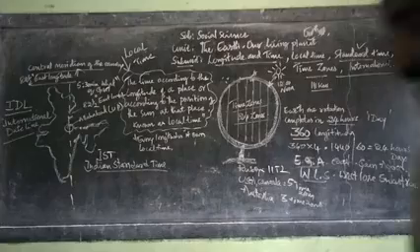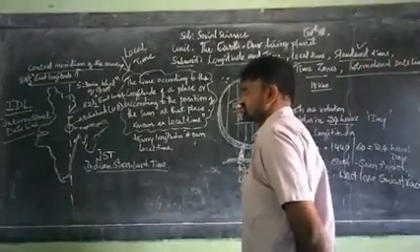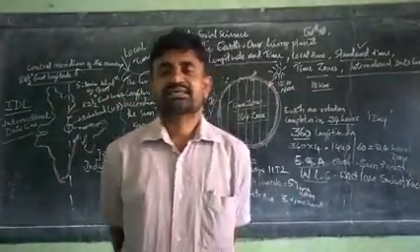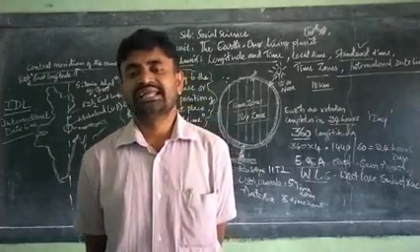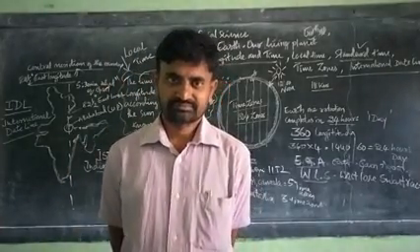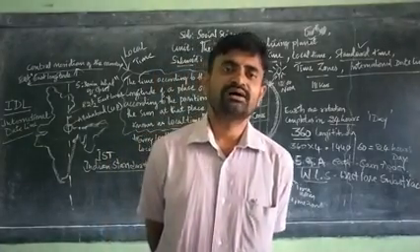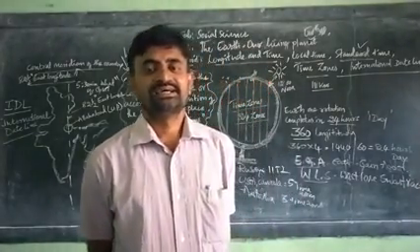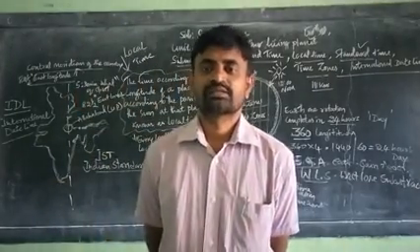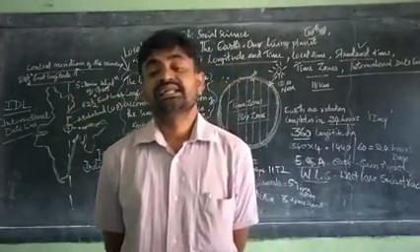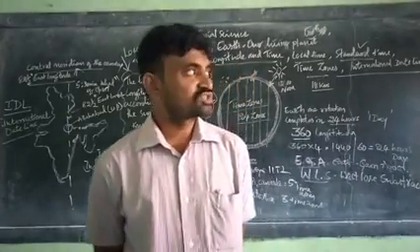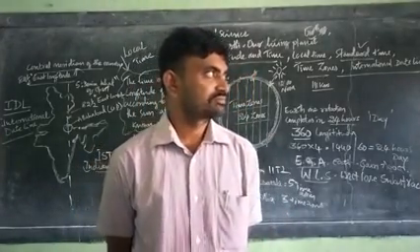After that, there are several fill in the blanks questions also. Number one, the total geographical area of the earth is dash square kilometers.